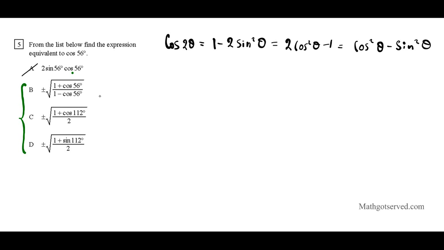Okay? So the question is, what is the half-angle identity for cosine? So cosine alpha over 2, the half-angle identity for cosine is plus or minus the square root of 1 plus cosine alpha, divided by 2.